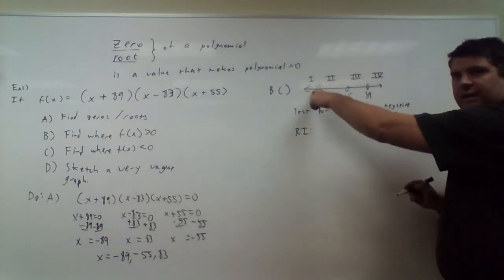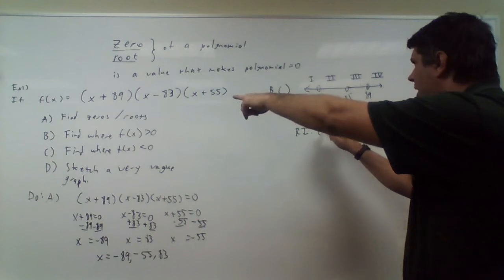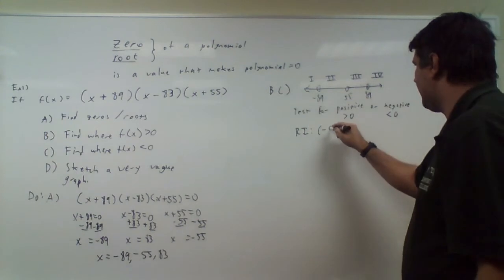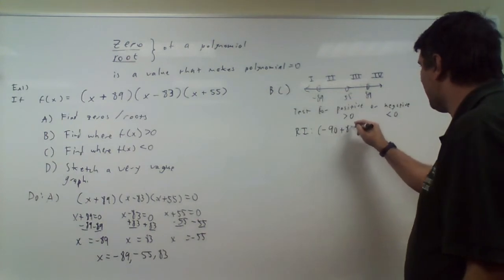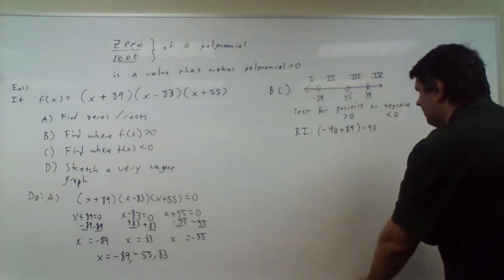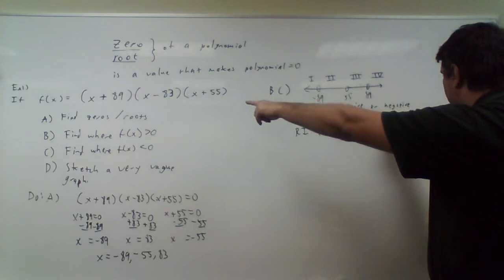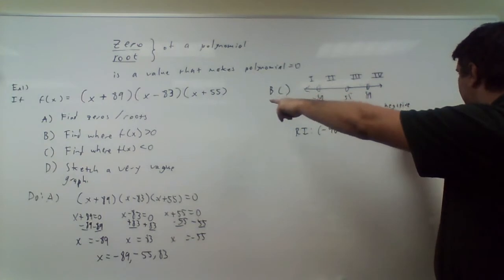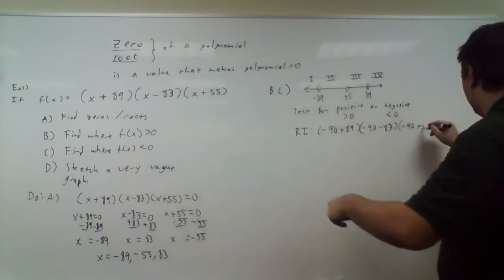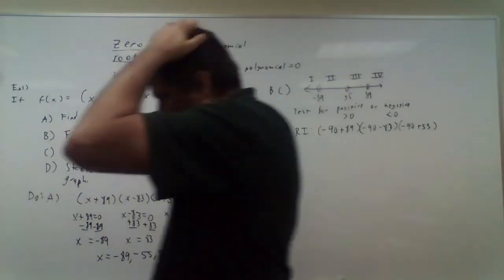How about negative 90? Okay? So I'm going to plug it into the polynomial, factored: negative 90 plus 89, negative 90 minus 83, and negative 90 plus 55. Okay, I'm going to grab a calculator quickly.